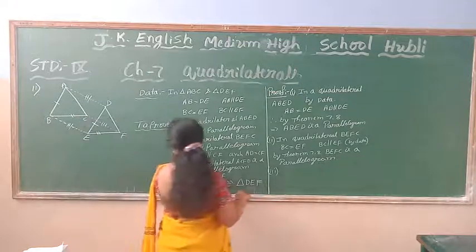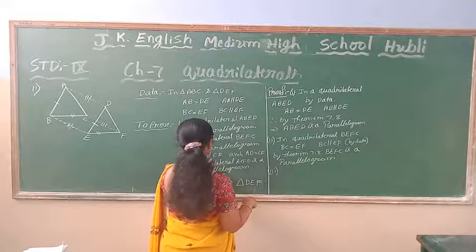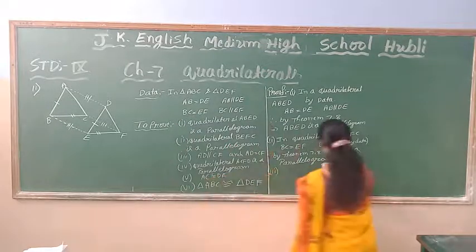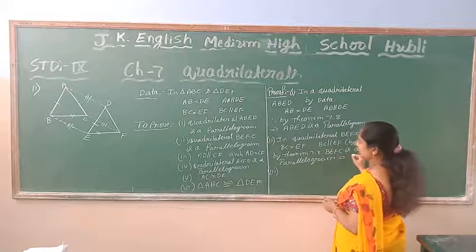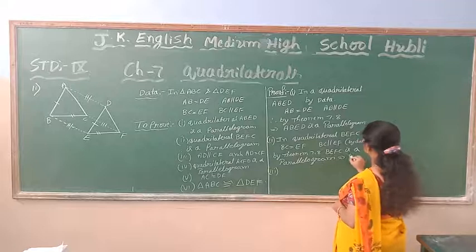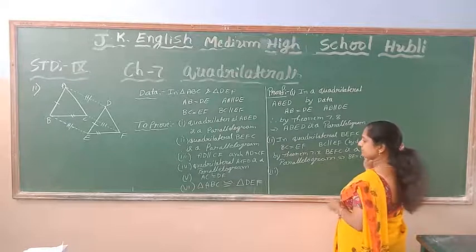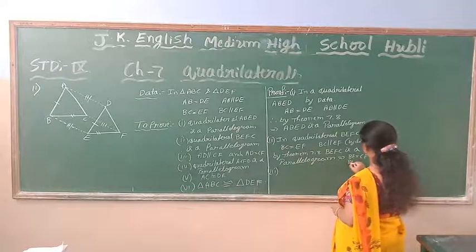It implies AD is parallel to CF. So now we have to prove it. If it is a parallelogram, BE is equal to CF and BE is parallel to CF.